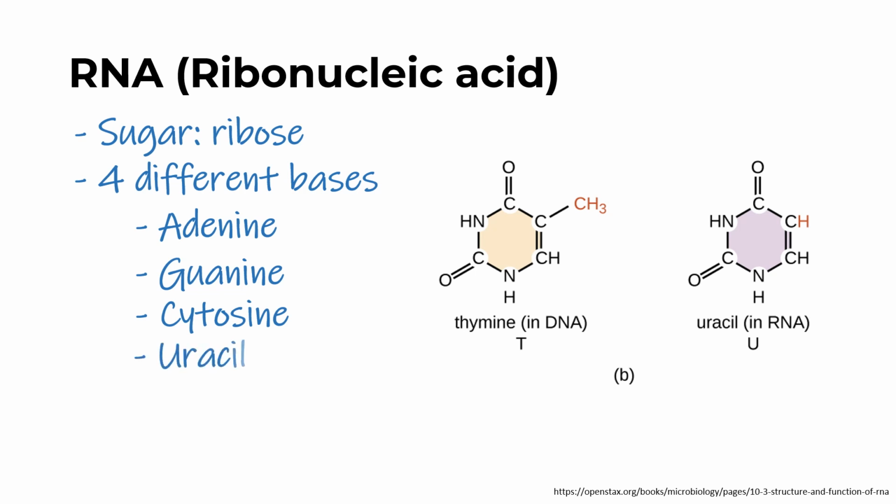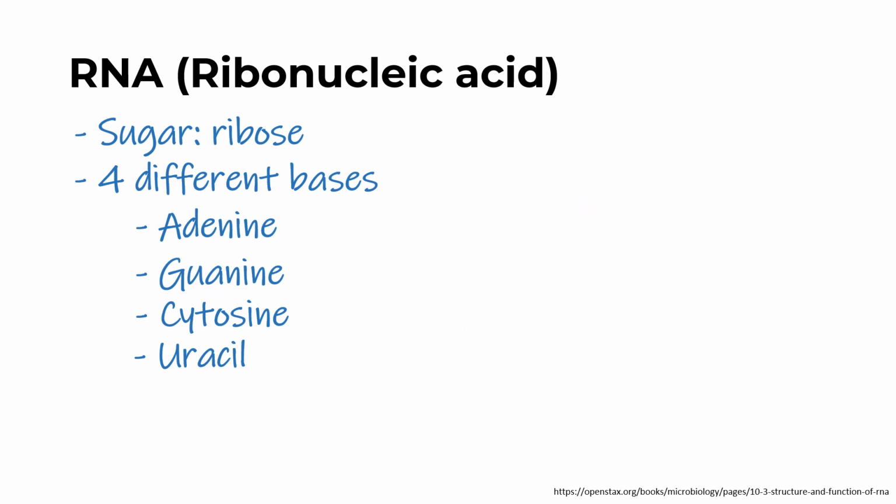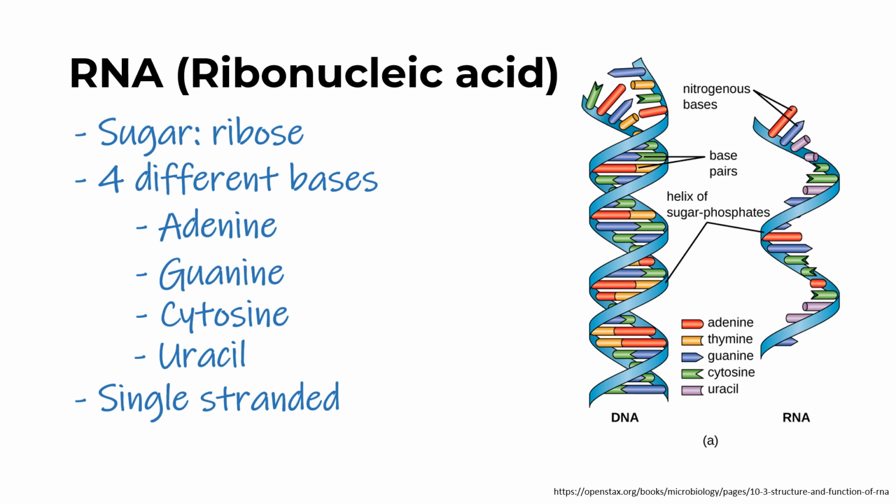You can see that these 2 molecules are very similar to one another. Finally, one of the biggest differences between RNA and DNA is that RNA is single-stranded. This figure illustrates the double helix shape of DNA as compared to the single-stranded RNA molecule.